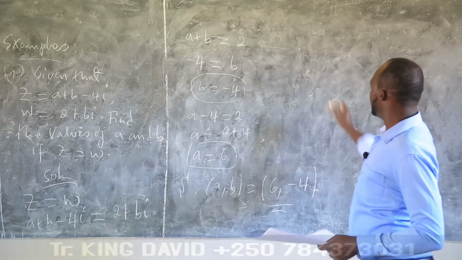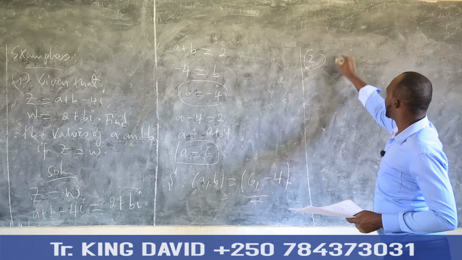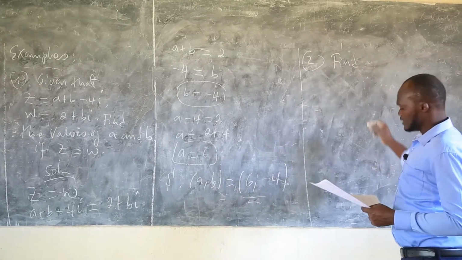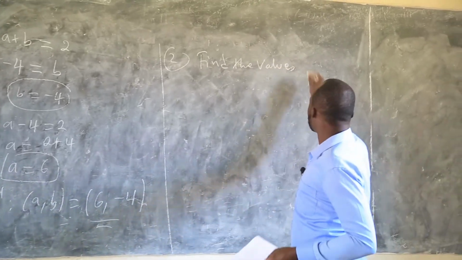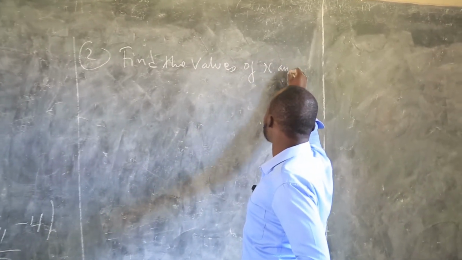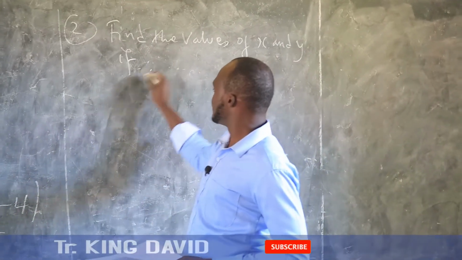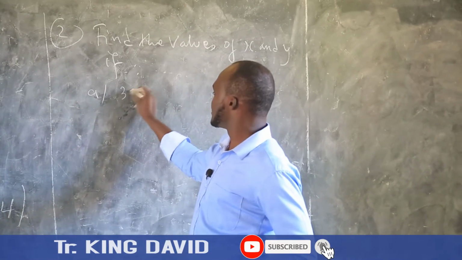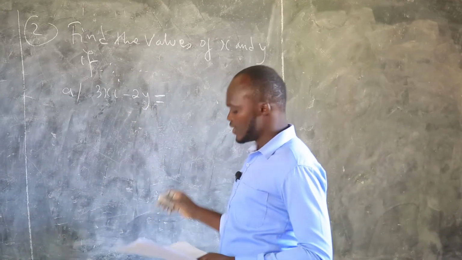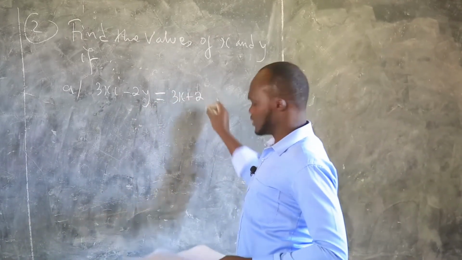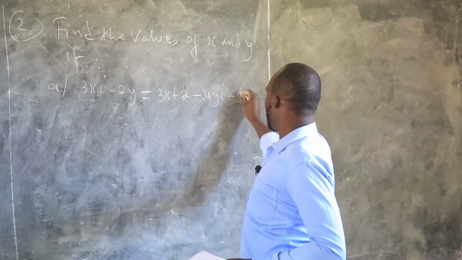So example number 2. The question is saying, find the values of x and y if we have A, 3xi minus 2y equals 3x plus 2 minus 4yi minus 2i.